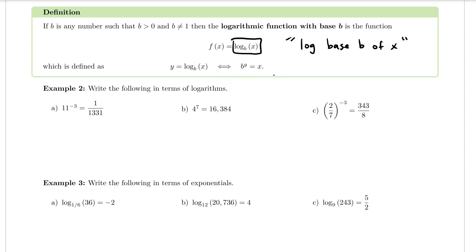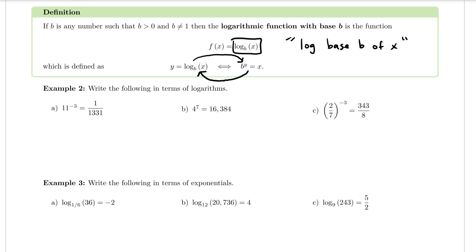So now we have a way to go from an exponential statement to a logarithmic statement, and from a logarithmic statement to an exponential statement. So we can switch between these two forms, and that's what we're going to see in example 2 and 3.